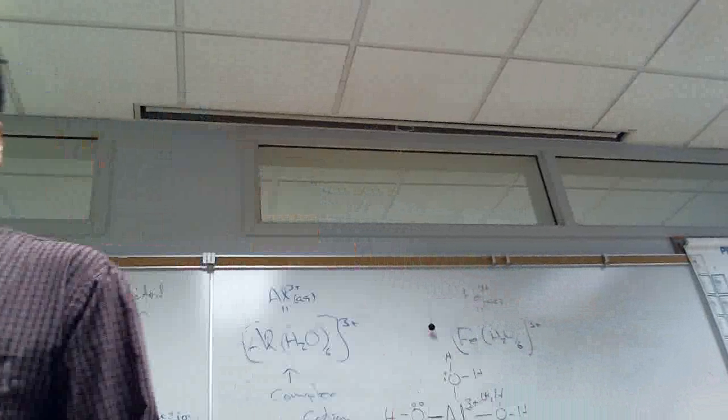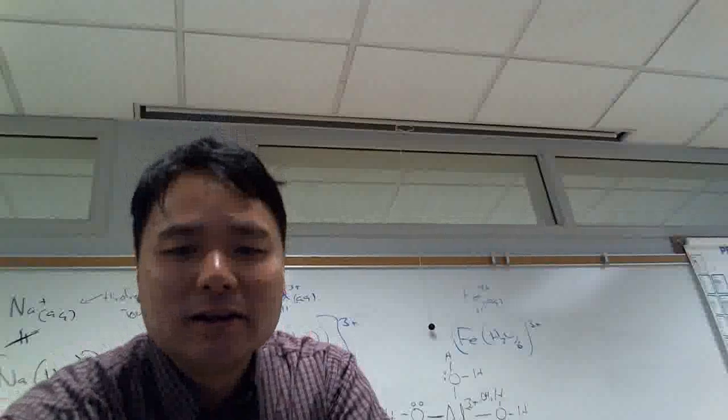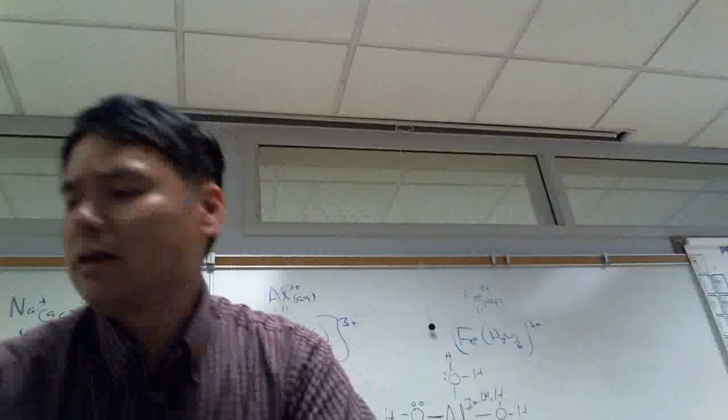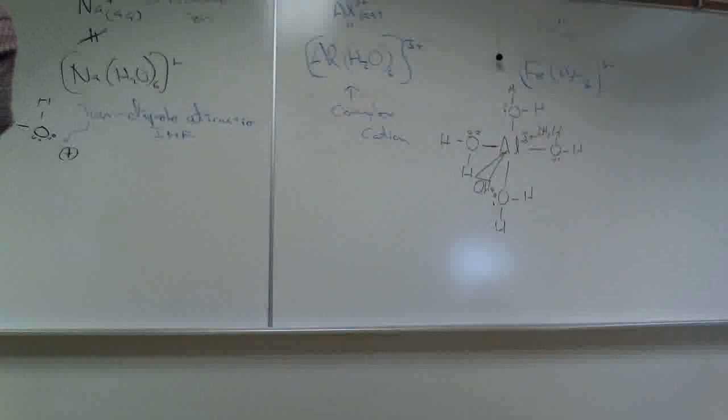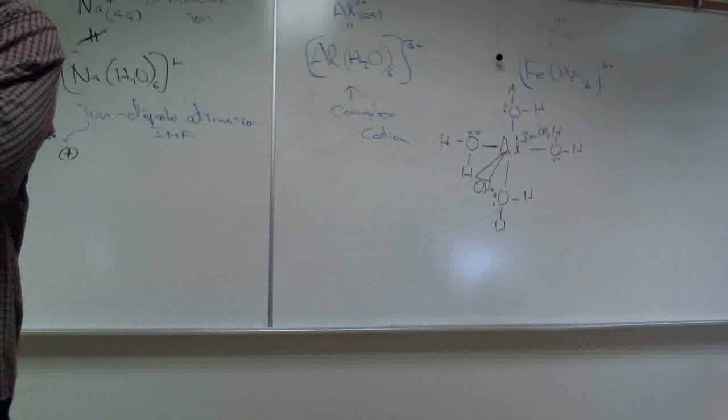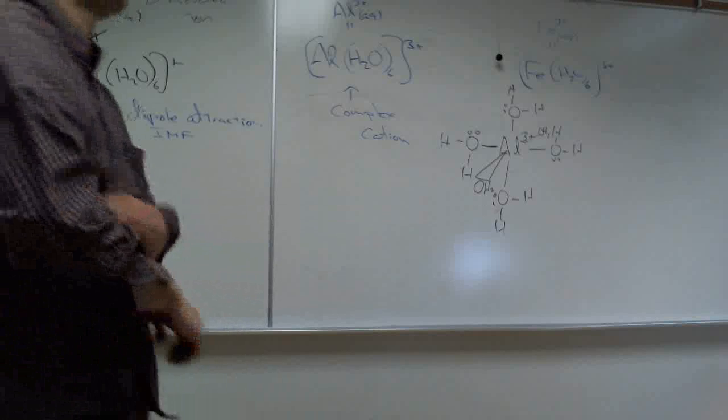Remember what you guys learned about bonding? What are the 2 types of bonding theory that we have? MO and valence bond.